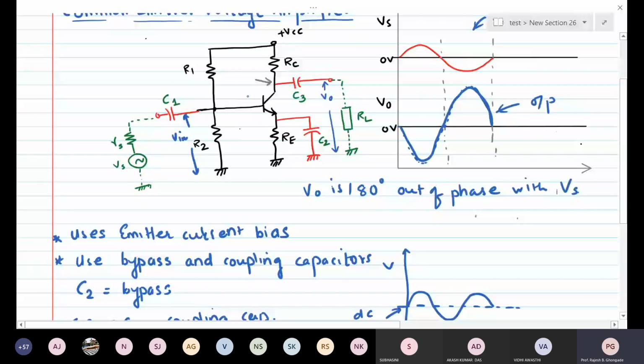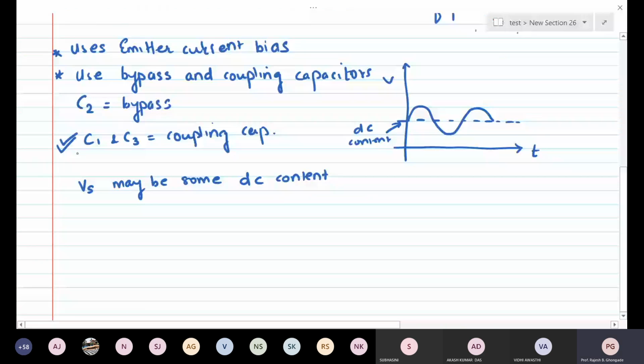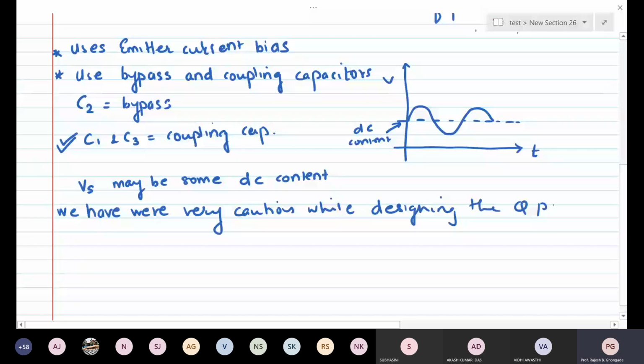See, we have been very careful while designing the Q point, isn't it? And what did we say about the Q point?